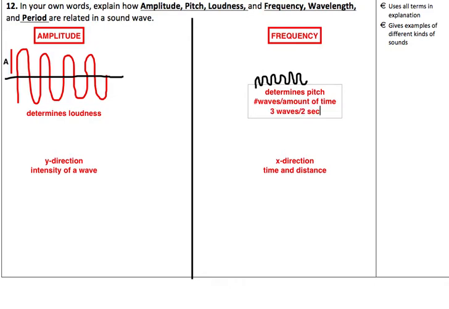We usually abbreviate that as hertz. And again, the frequency is going to determine the pitch. Frequency usually doesn't change because it is dependent on the source of the vibration.